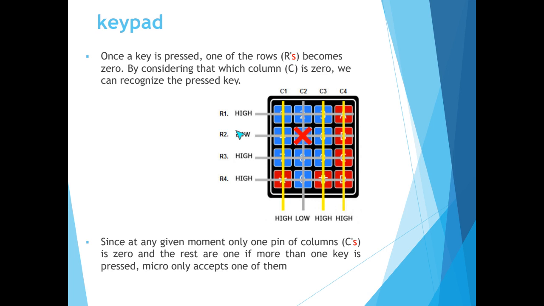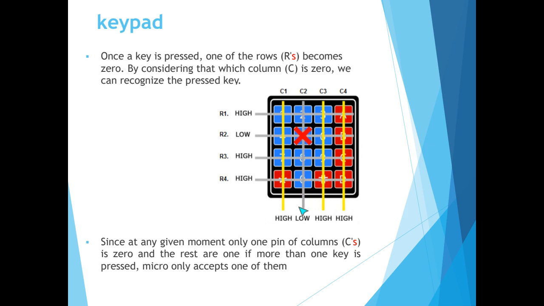Since at any given moment only one pin of the columns is 0 and the rest are 1, if more than one key is pressed, the micro only accepts one of them.